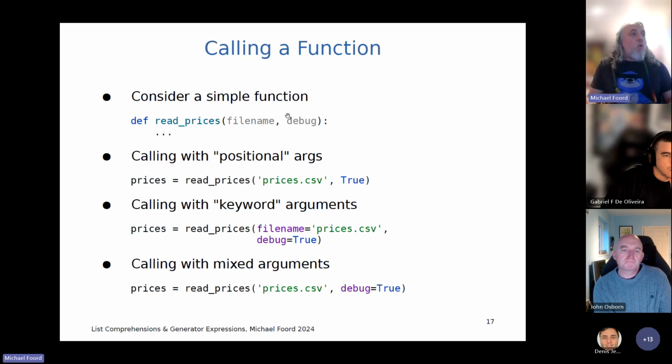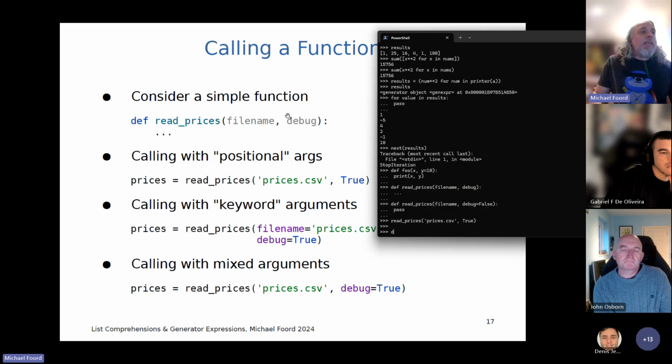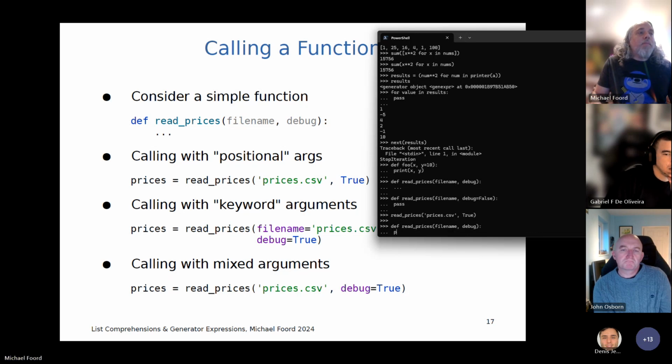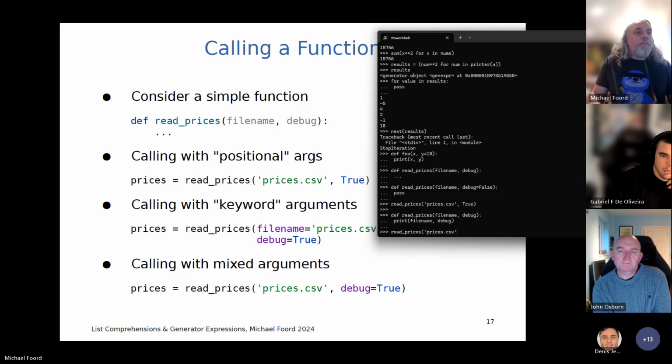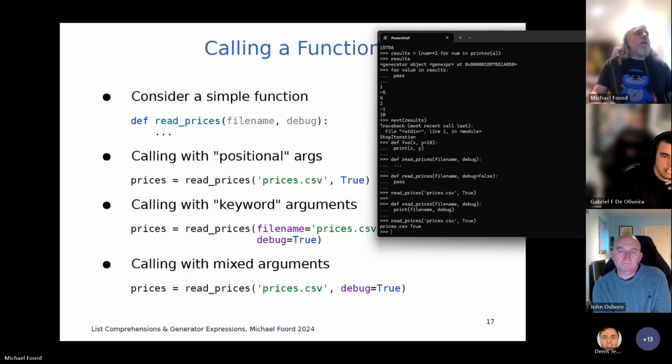Now, when we come to calling a function, let's have read_prices, but let's imagine it's always had this API: file name, debug. Let's say this has always been the definition. We're going to call this read_prices, prices.csv, True. These are positional arguments.